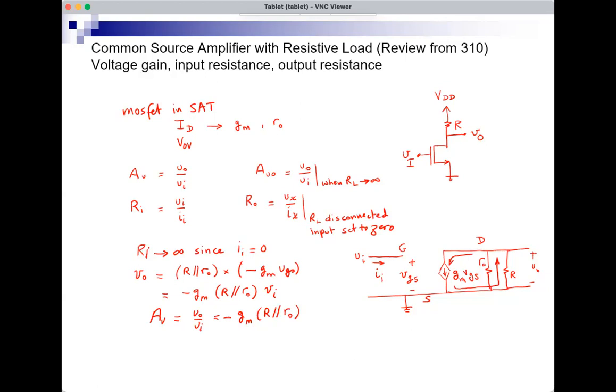All right, what about output resistance? For output resistance, I need to connect a test source across the output terminals and set the input to 0. So for RO, VI, I set it to 0. If VI is 0, this implies that VGS is 0.